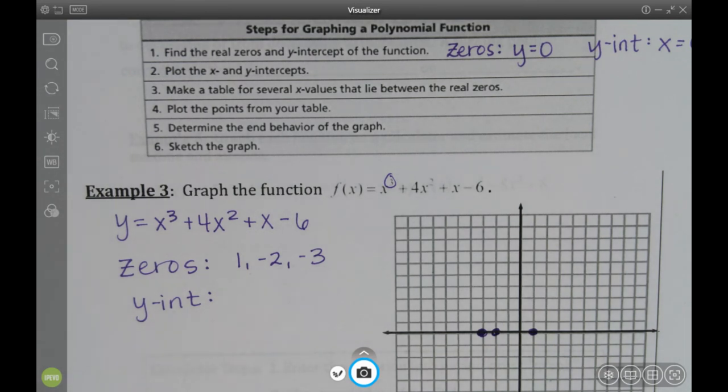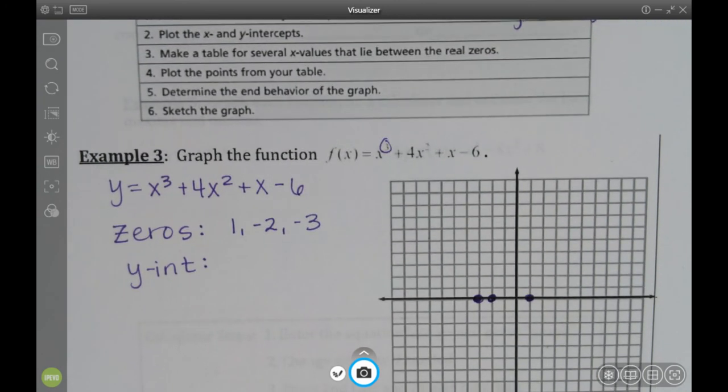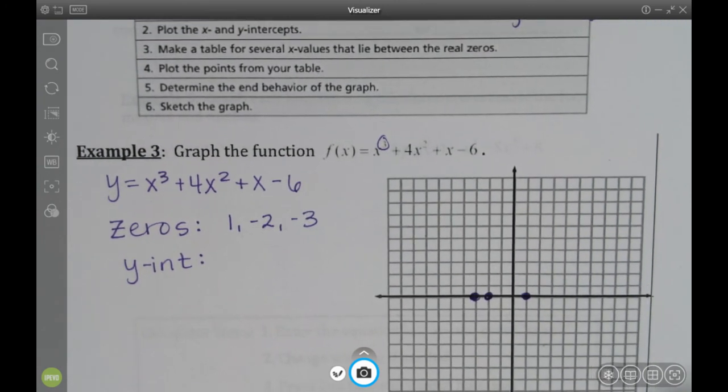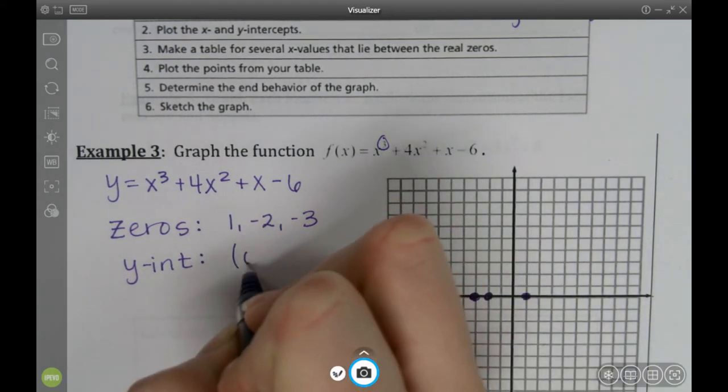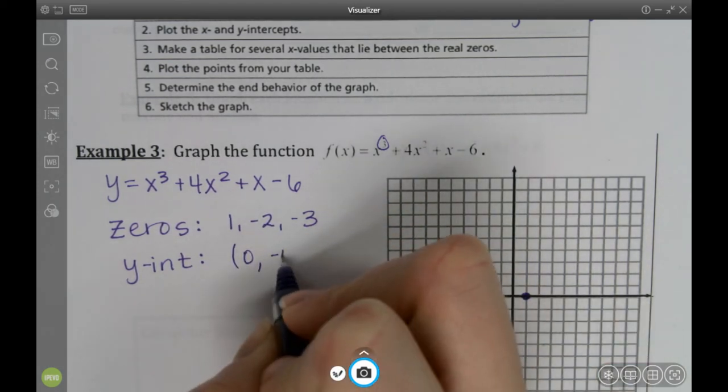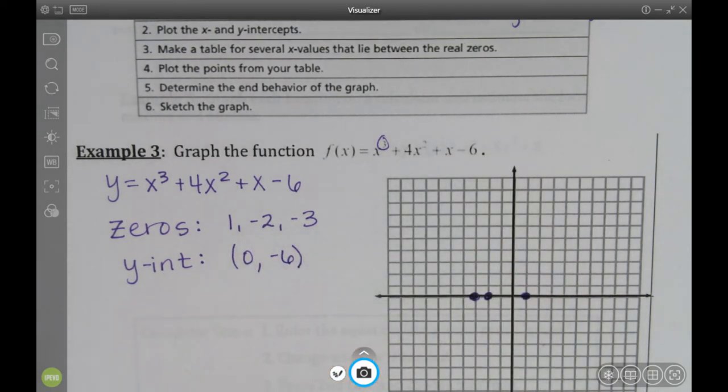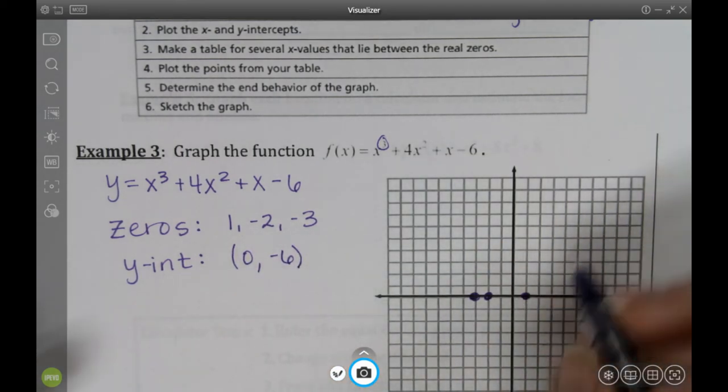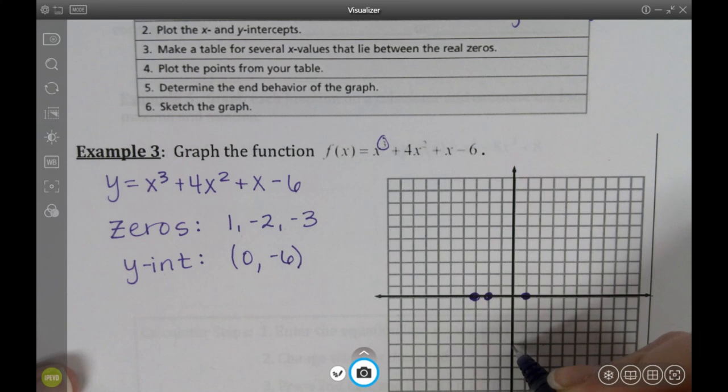Okay, the y-intercept happens when y equals 0. Nope, that was a lie. When x equals 0. 0, -6. You don't even need your table for that, but you already have it, so you might as well use it.